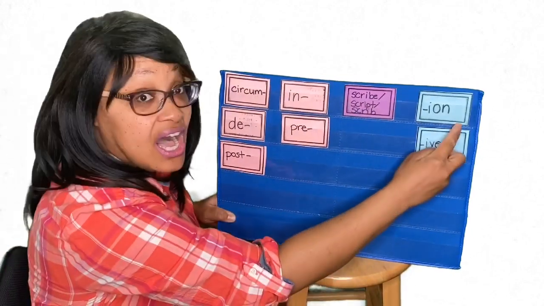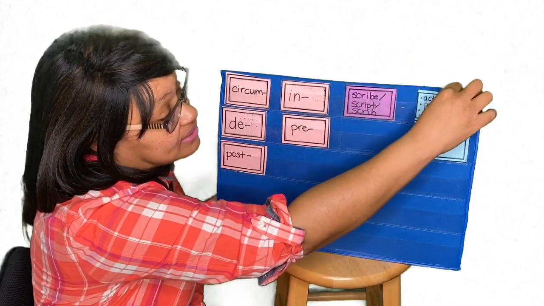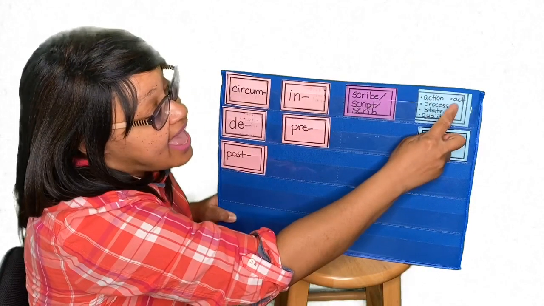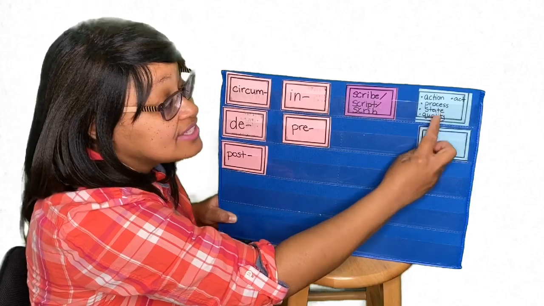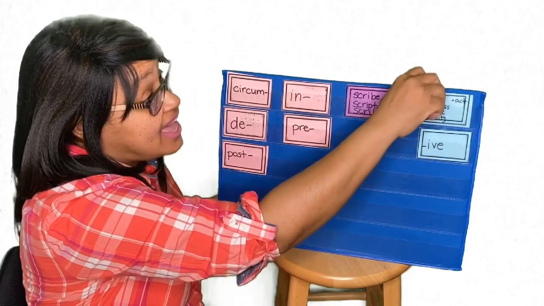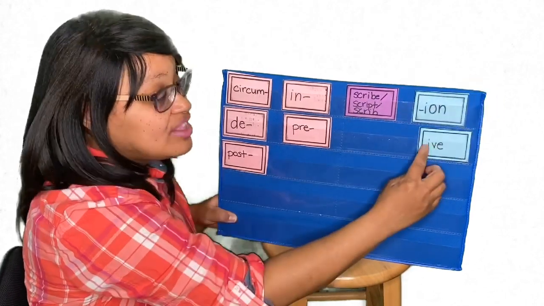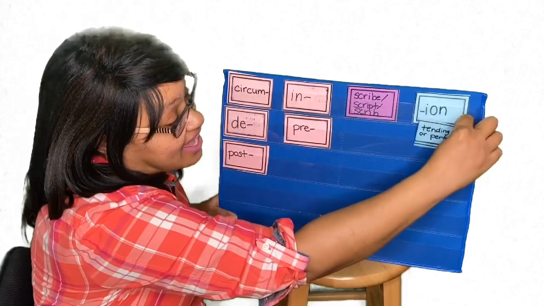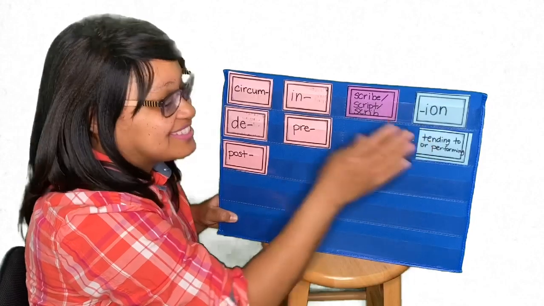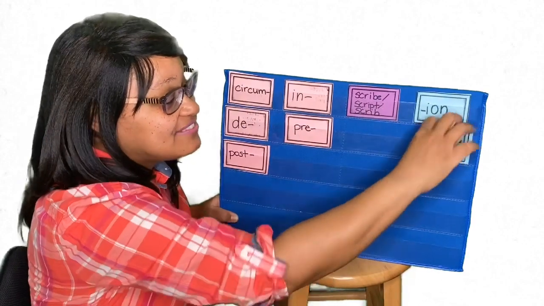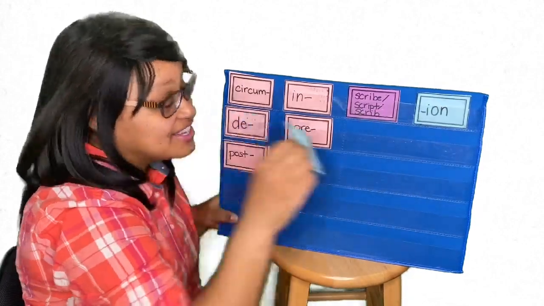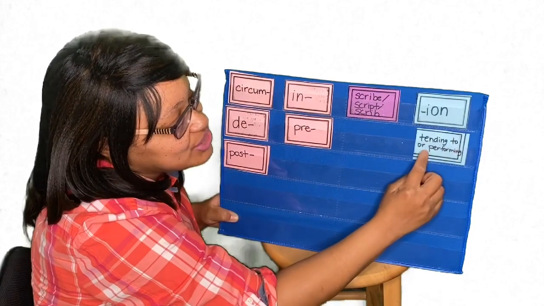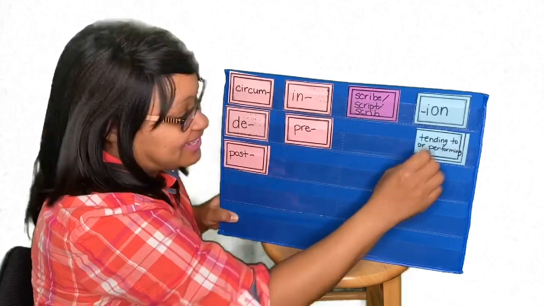And then we have the suffix ion, which means an action, act, or process, state, or quality. And then we have ive. This is the suffix ive, which means tending to or performing.